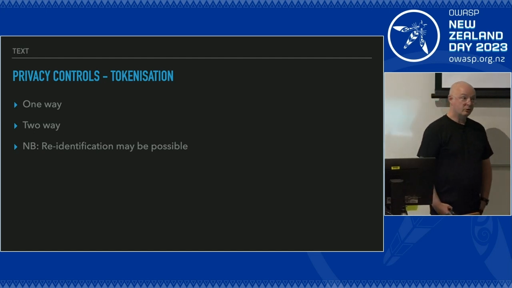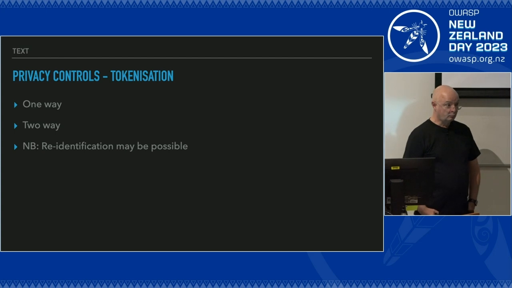So you might write a token and then need to convert that later in a process. If you're storing an absolute metric ton of information, then obviously just tokenizing things does not prevent re-identification from occurring.